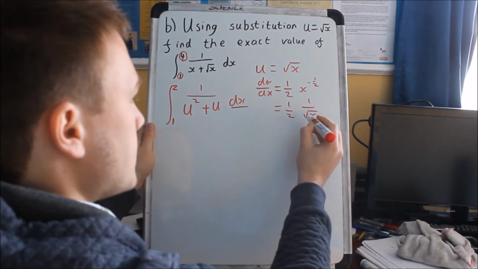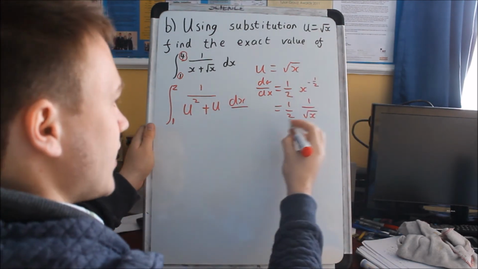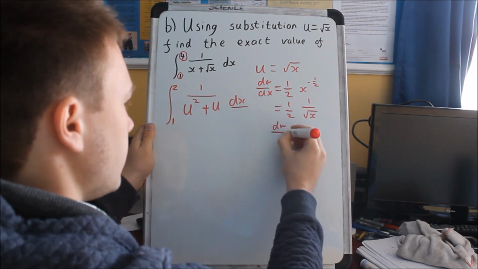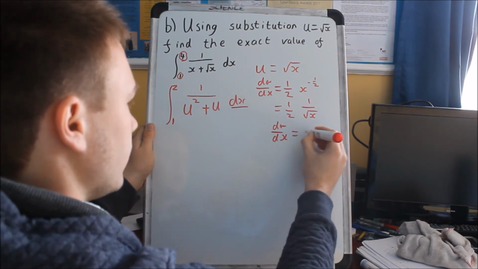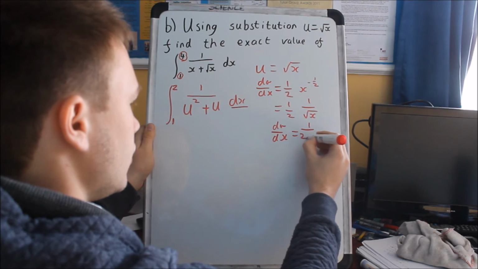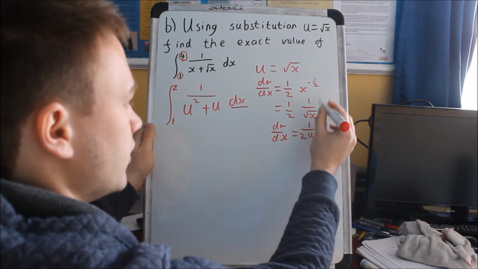Now, if root x is u, then we can put that in there, so we've got du by dx equals 1 over 2u, because this root x is u.